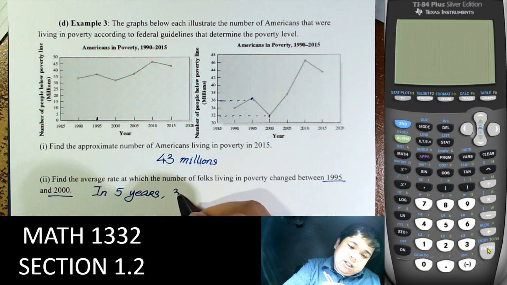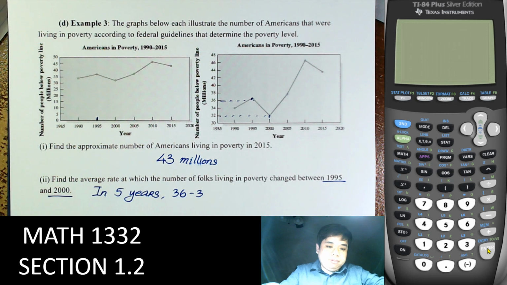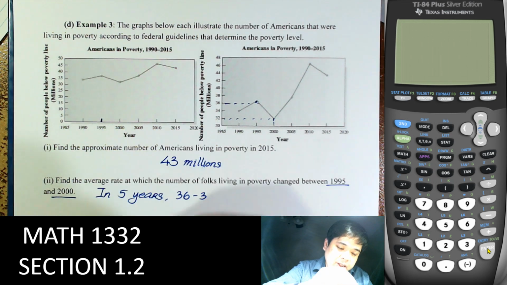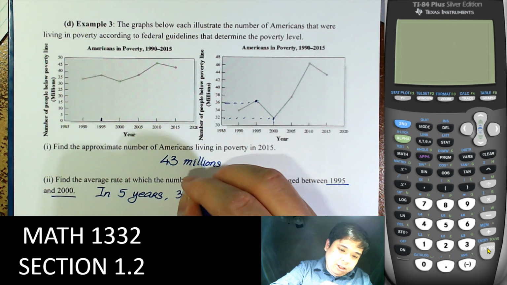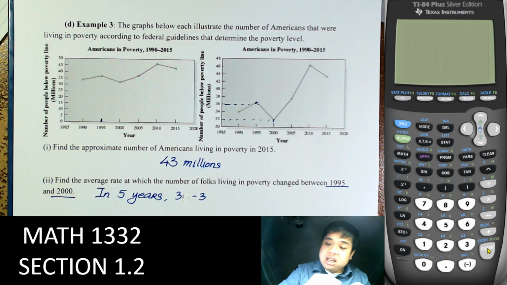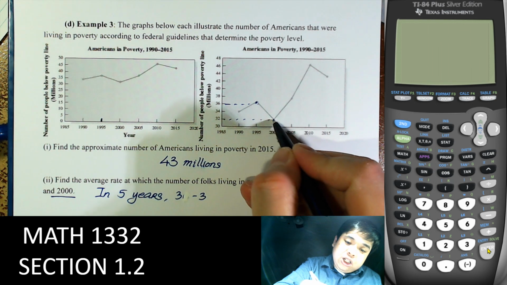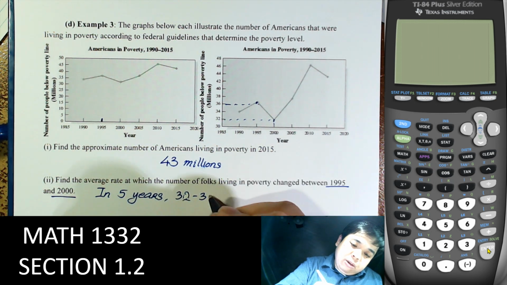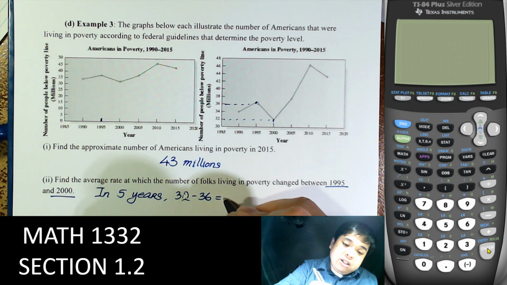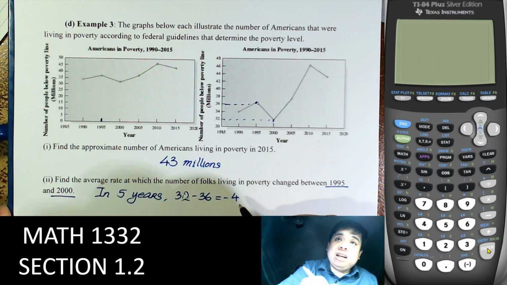So we have 36 million. If we want the rate, we take the number in the future minus the number in the past. So we should take 32 in 2000 minus 36 in 1995. That gives us negative 4 million.